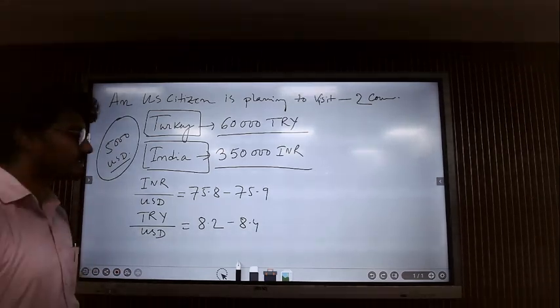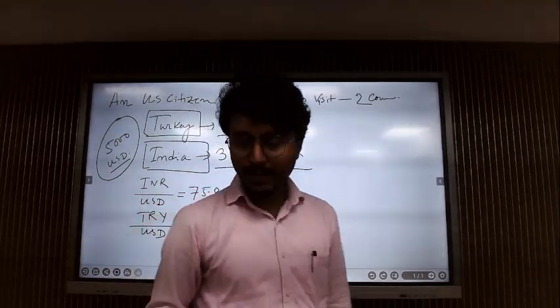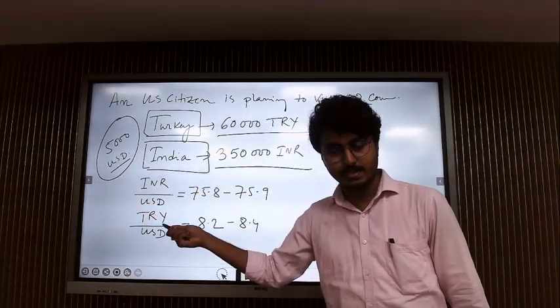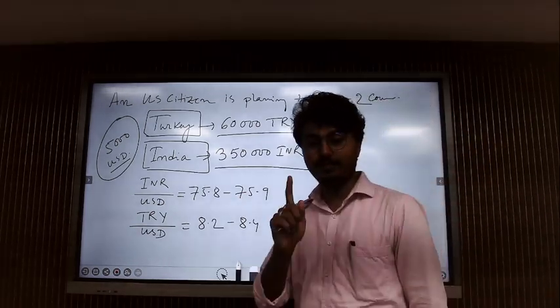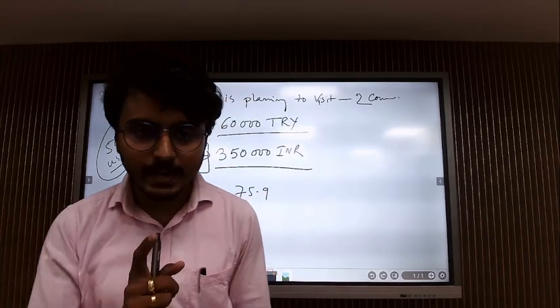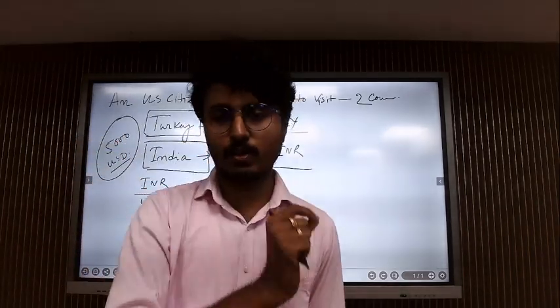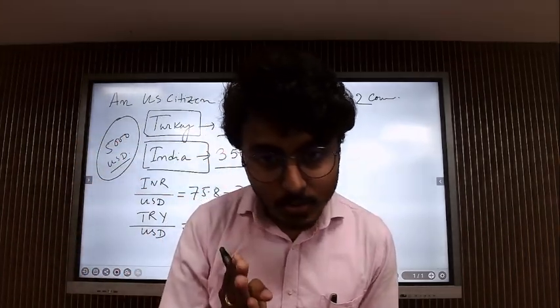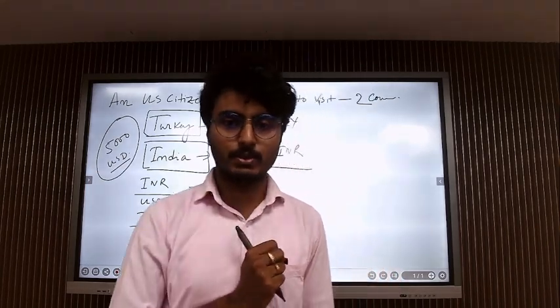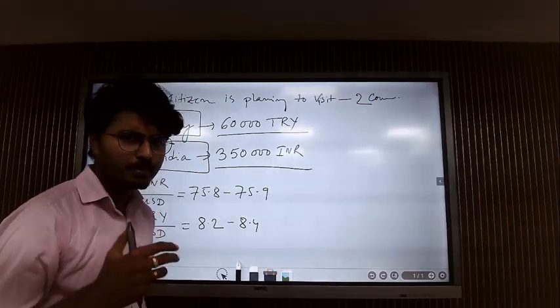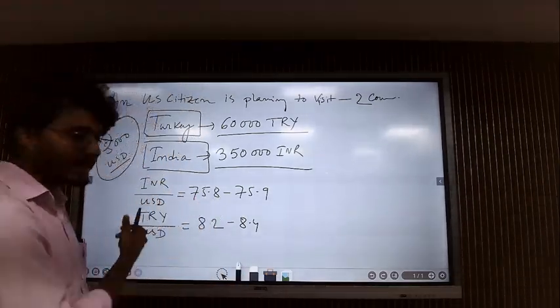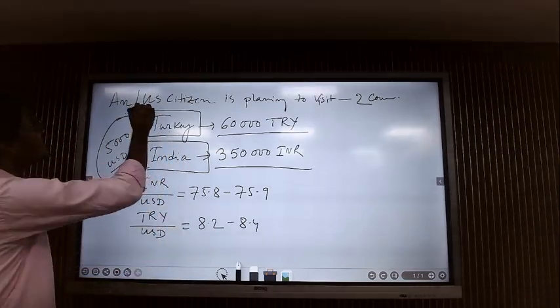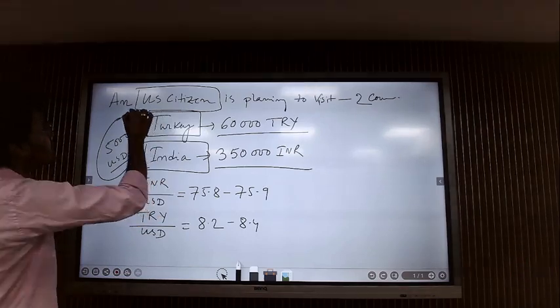At first, try to understand whether these two rates are a direct quote or indirect quote. This is our first task, to identify the nature of the quote. How do we say this is direct or indirect? On the basis of this word, US citizen.